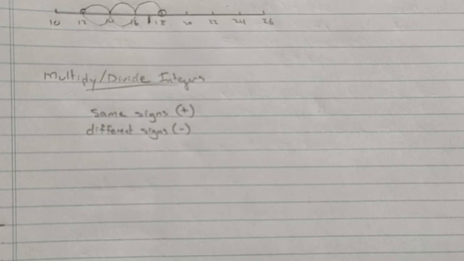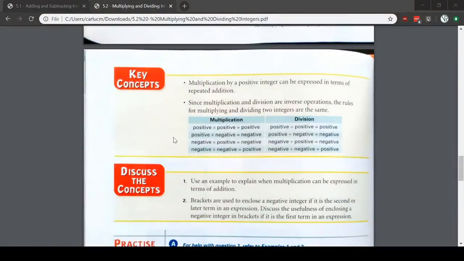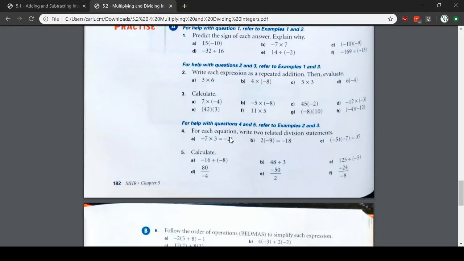Let's take a look at number 5. Start with number 5.